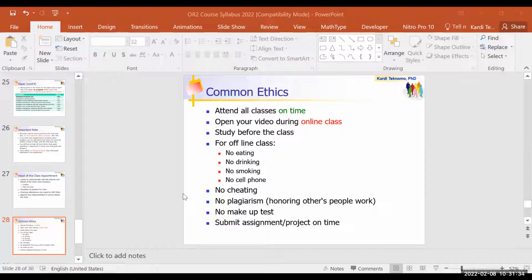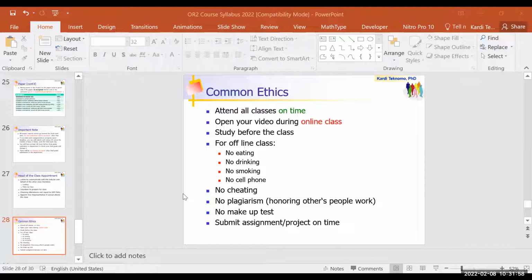No plagiarism. So, when you cite somebody else's work or you use a formula or table or chart of another person, or the text of another person, or a quote of other people, you can copy, no problem.